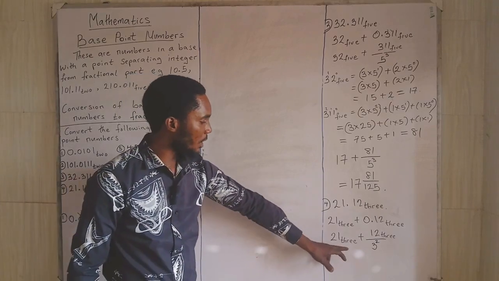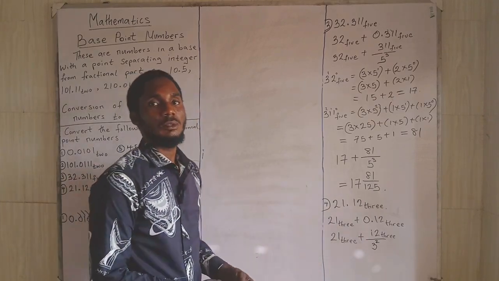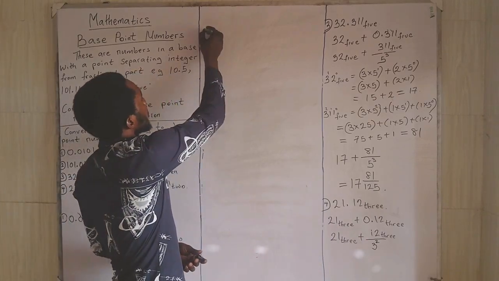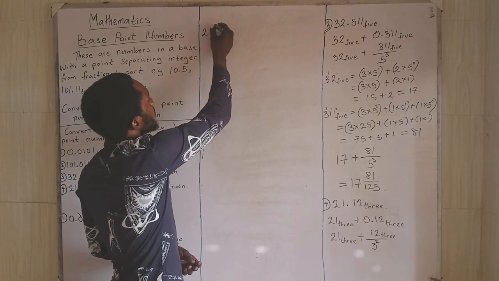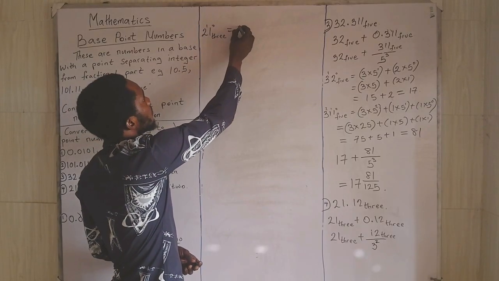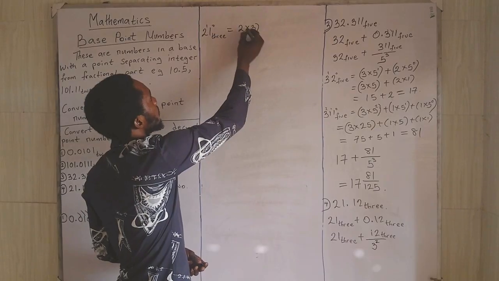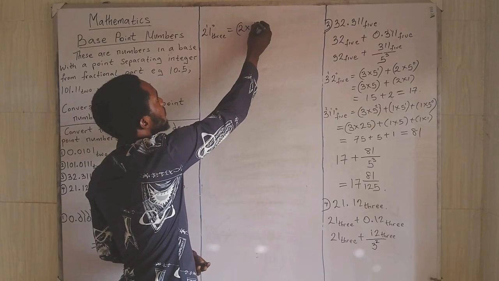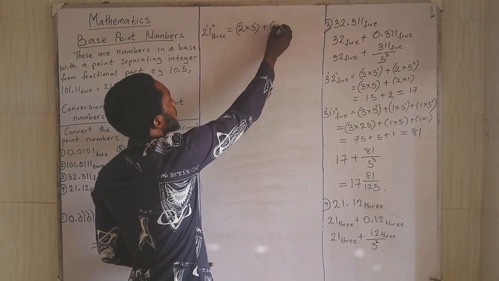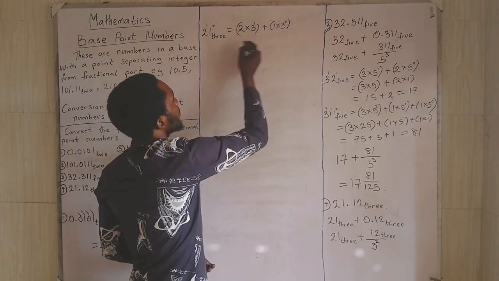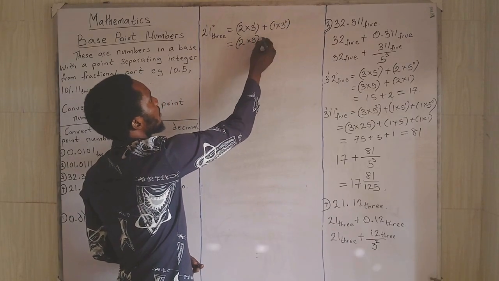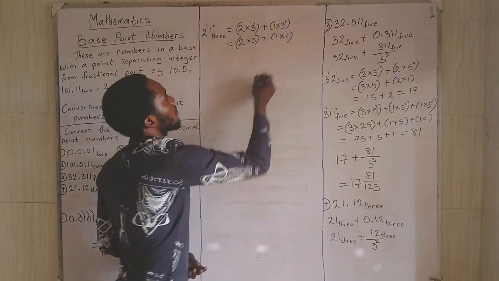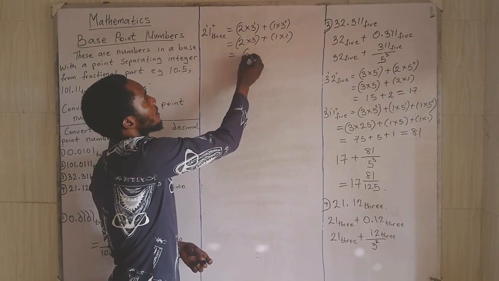Let's convert 21 base 3 and 12 base 3 to base 10. This will give us 2 times 3 plus 1 times 1. And we are going to have 6 plus 1.